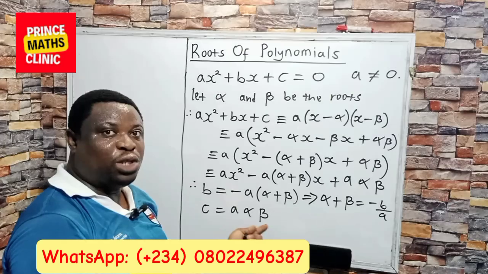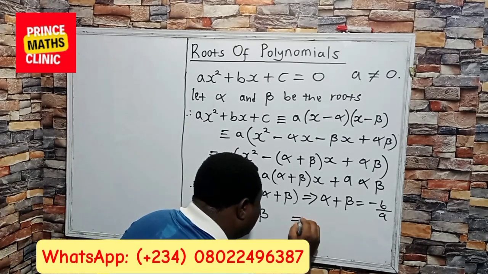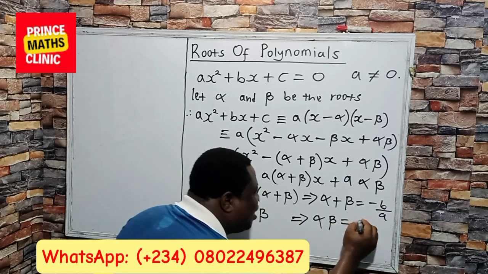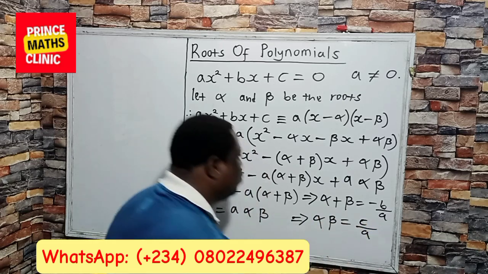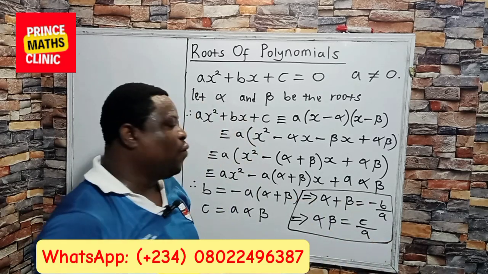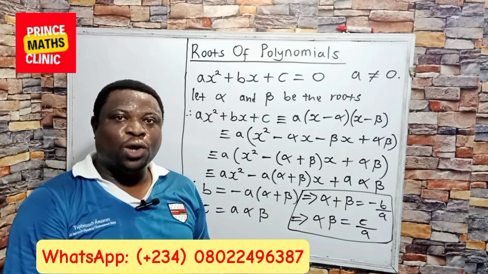Then the product of the roots, which is alpha beta, will be c over a. So we will be using this formula to find the sum and product of roots.